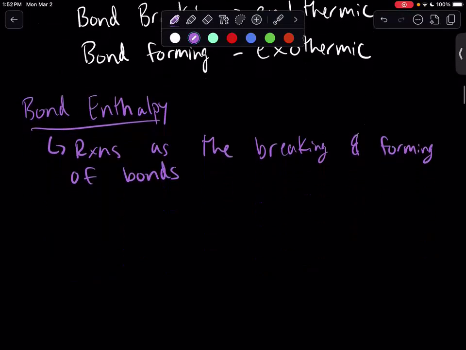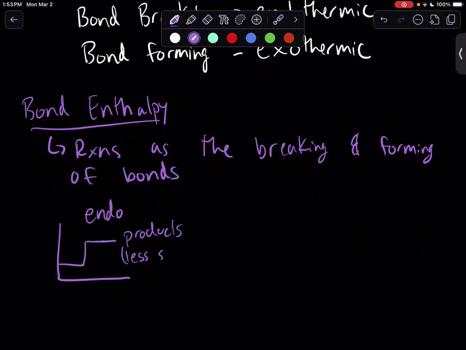If we think about a reaction that is overall endothermic, we'll notice that the products have bonds that have higher energy than the reactants. These would be less stable products. Furthermore, for a process that is exothermic, our products would have less energy.